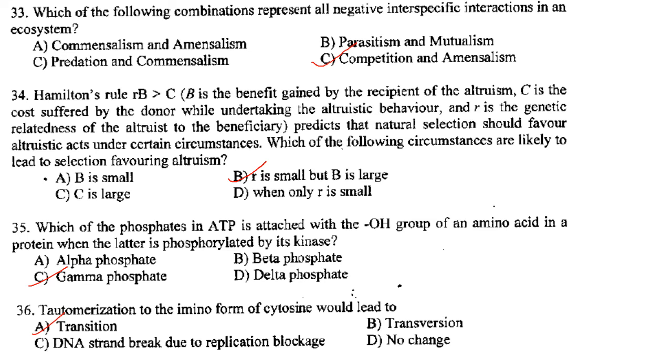Given that R is the genetic relatedness of the altruist to the beneficiary, the genetic relatedness between two full sisters is 0.5.